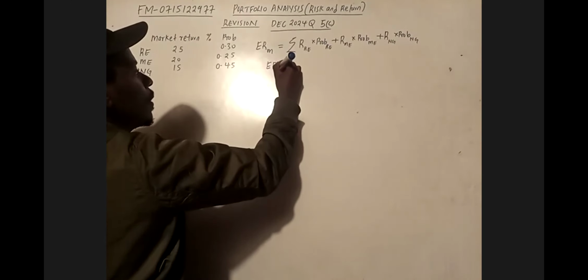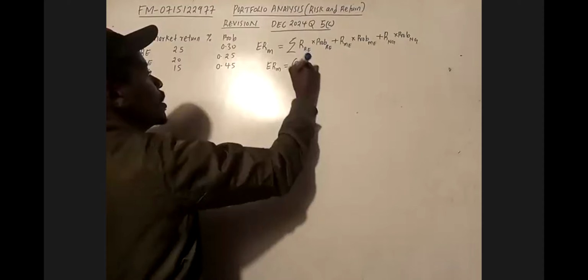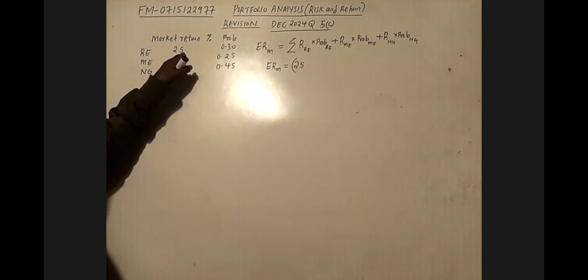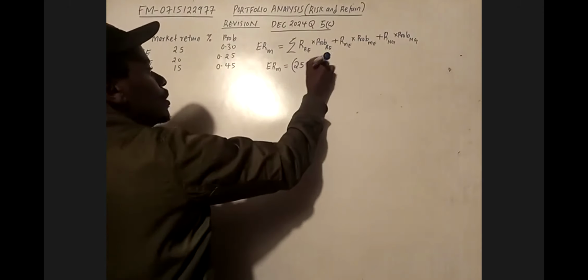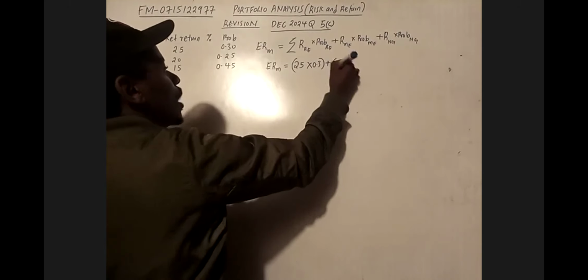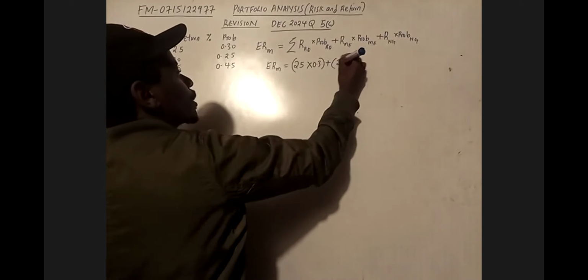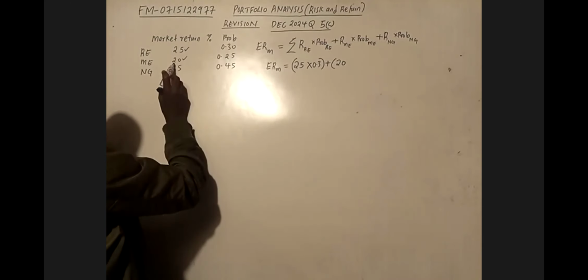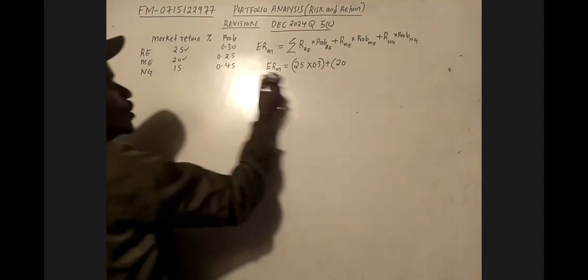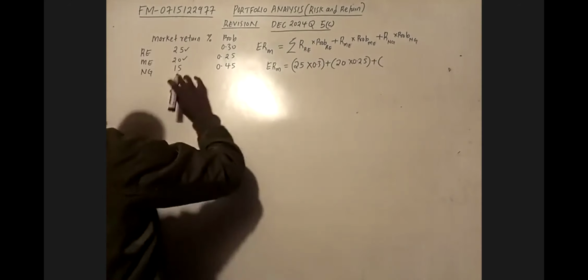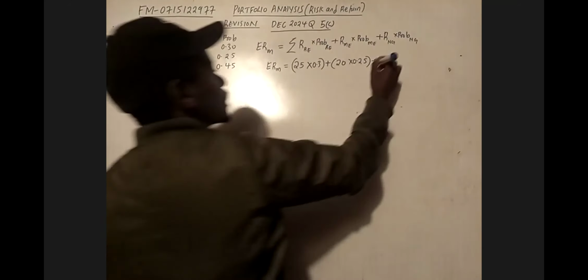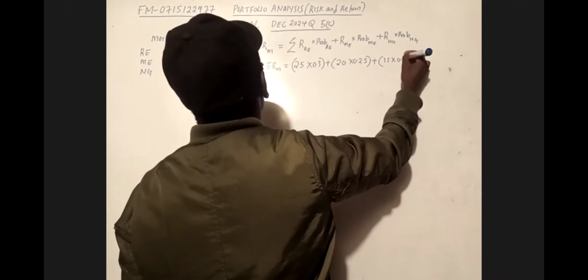So look at the first one. So expected return of the market will be equal to, we start with the return in percentage. Remember we said it's supposed to be in percentage. So the return of rapid growth is 25 times its probability, which is 0.3, plus moving to moderate expansion, the return is 20, probability of moderate expansion is 0.25, plus no growth is 15 times 0.45.